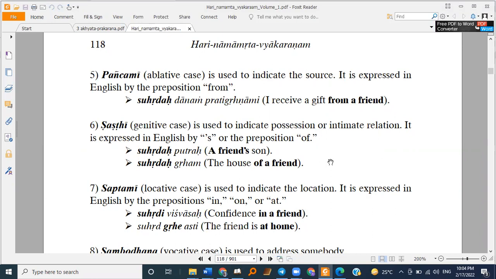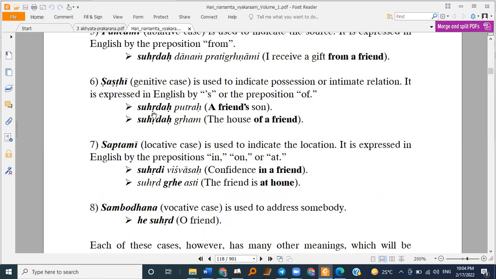So there is a relation between asya, which is jagataha, of this material universe, and then janmadi, what is that? Creation, maintenance, and annihilation. So in that way. Suhridaha putra, a friend's son. Suhridaha griham, the house of a friend.